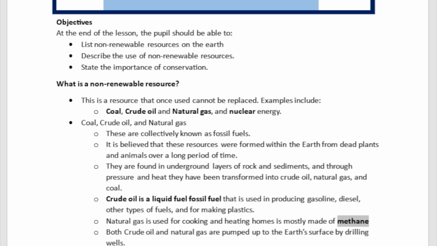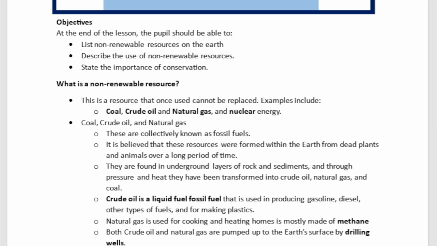Coal is a solid fossil fuel, and it is used in generating electricity. Now, crude oil and natural gas are pumped to the Earth's surface by drilling wells. There's a lot of drilling activity, especially in the United States, to get crude oil and natural gas.